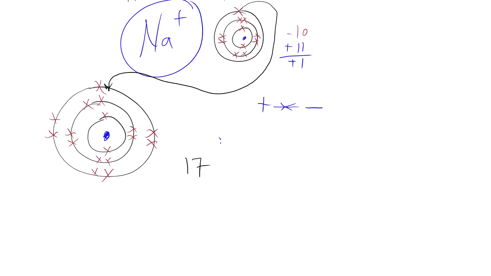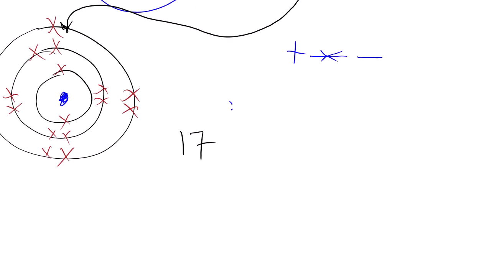That would automatically change these 2 atoms. This chlorine has 17 protons. We have negative 17 and positive 17, which make it 0.